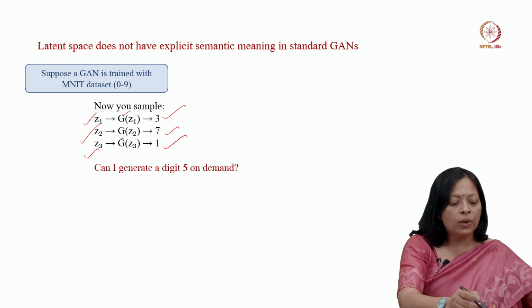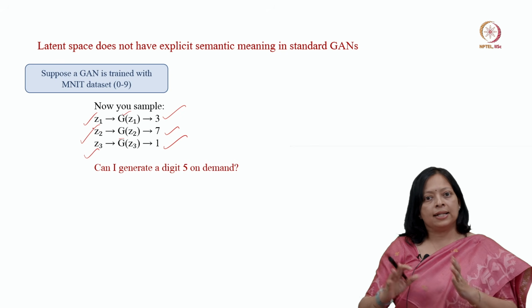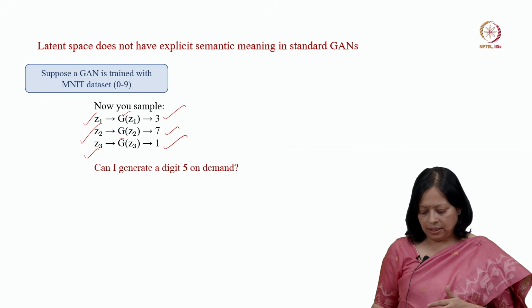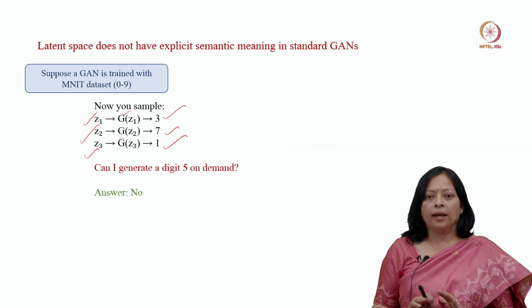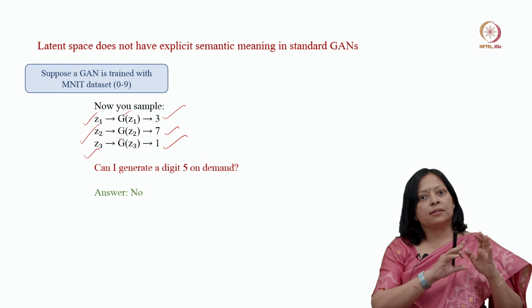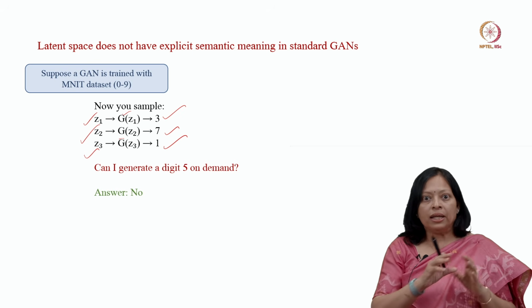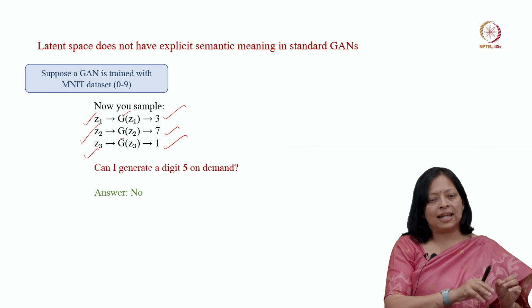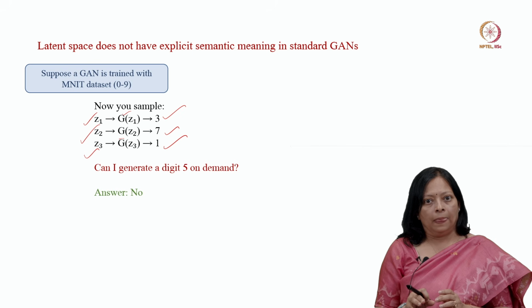Now, can I generate a digit 5 on demand? Do I know which Z to take so that I get 5 in the output from the generator? The straight answer is no, because there is no explicit mapping where we can say that this Z will give me 5.